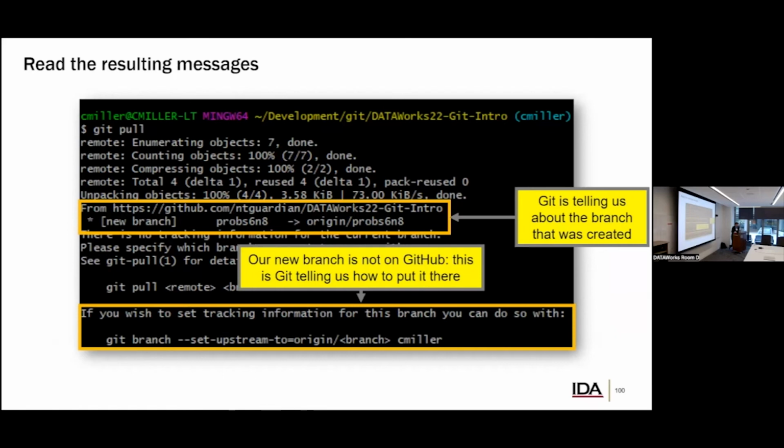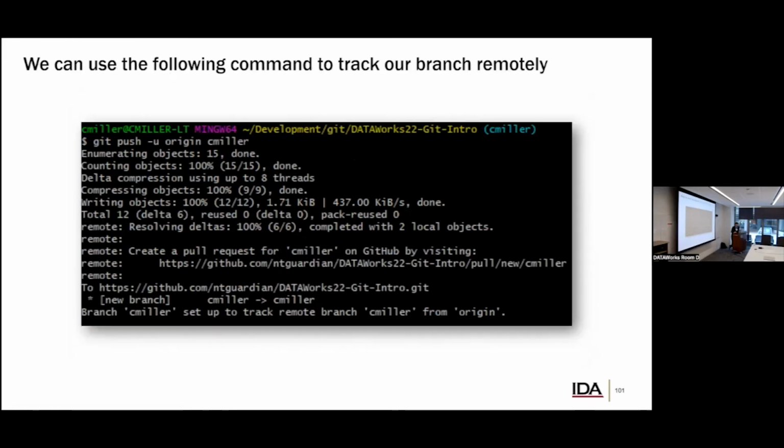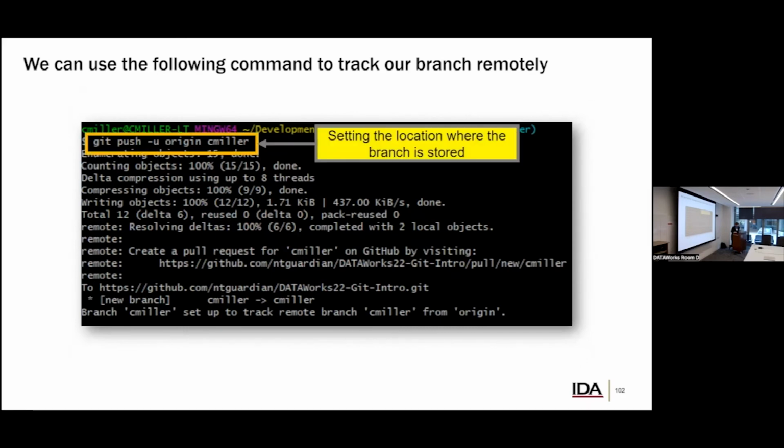So if we want to make GitHub aware of that branch so that we can push it up there, I mean, we're probably not sharing this with other people, but it'd also be nice to just back it up on an external server. This is the command that we can run to do that. I didn't run that command. I ran this command instead. But this is just another command that I can run to make sure that that branch is on GitHub. So now that branch is also there.